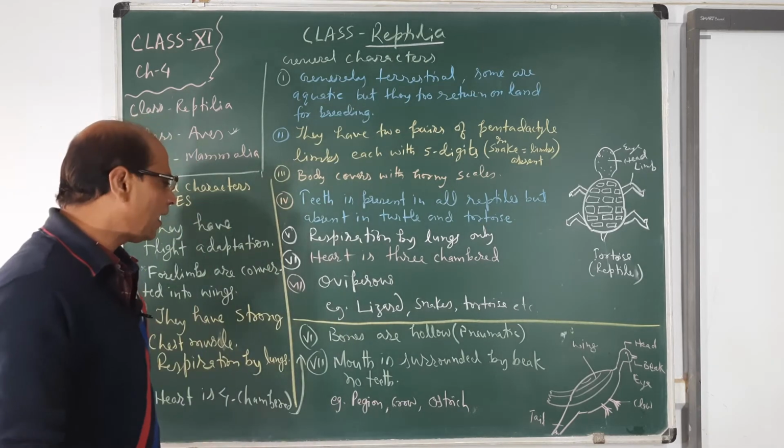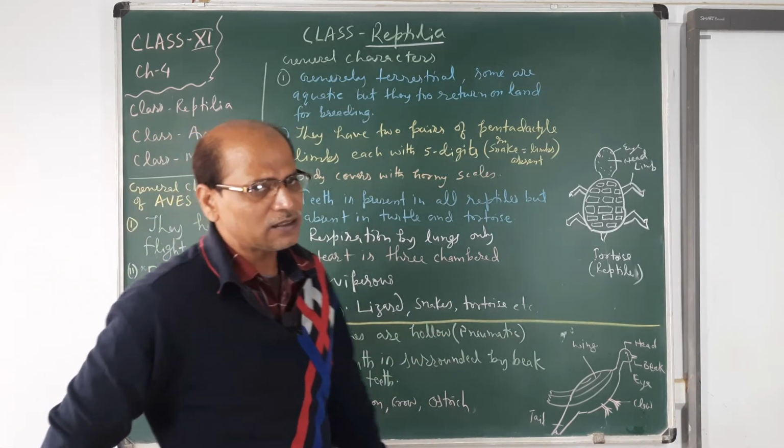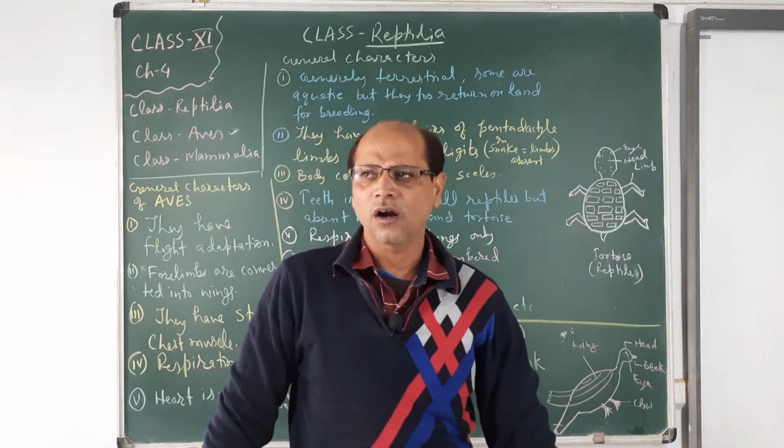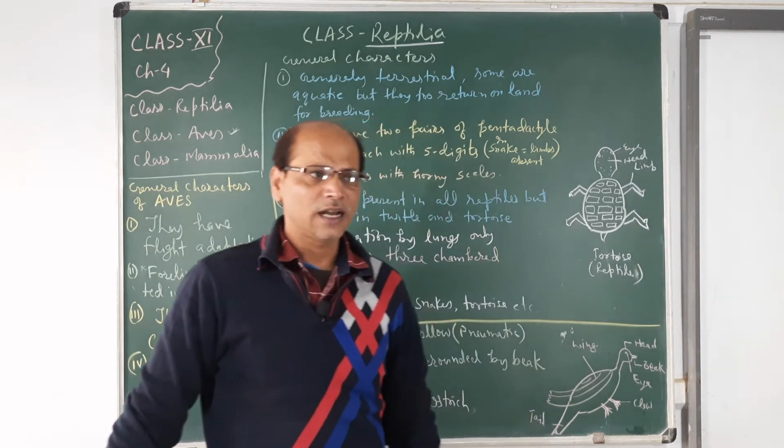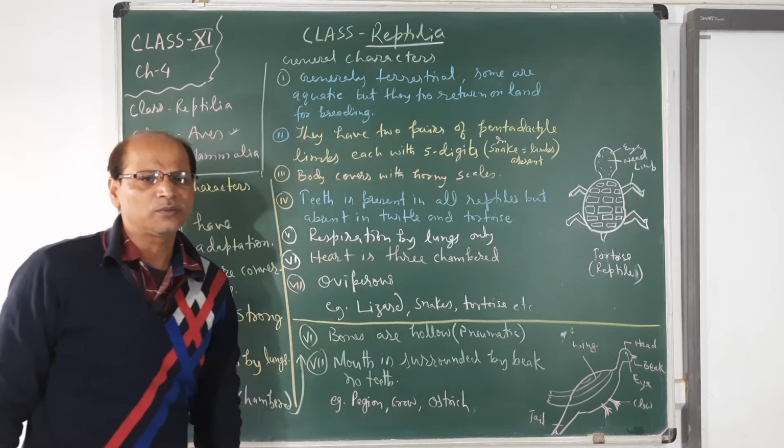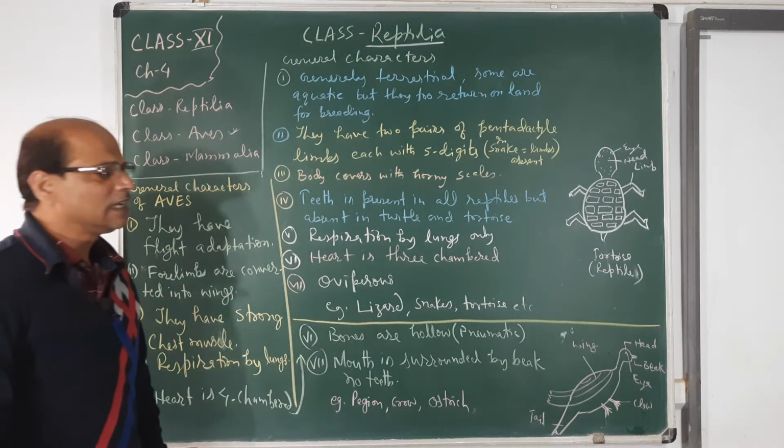It means pneumatic bone is there. Pneumatic means their bone is light, without much weight like ours. Our bone is not pneumatic, but the bone of birds is pneumatic in nature.